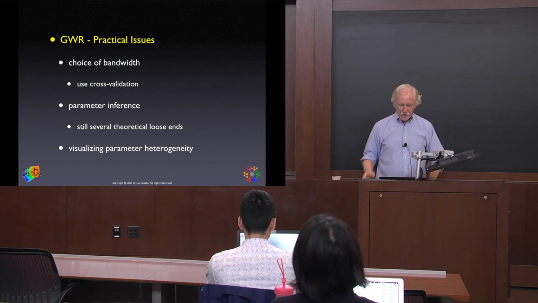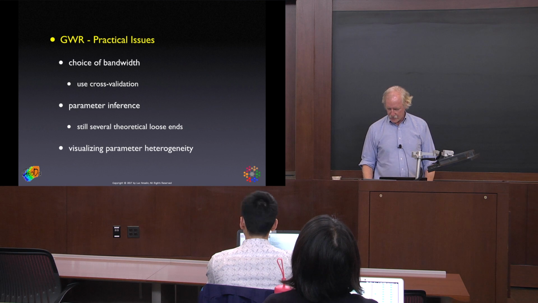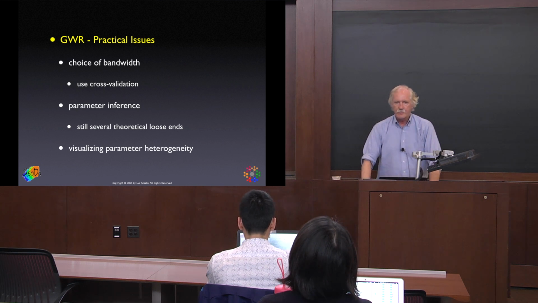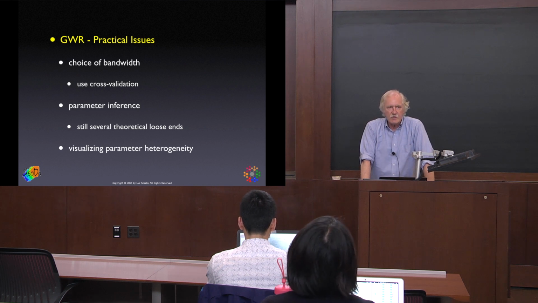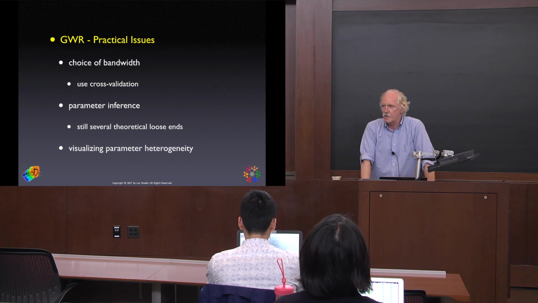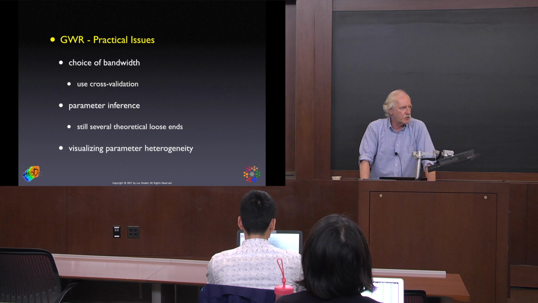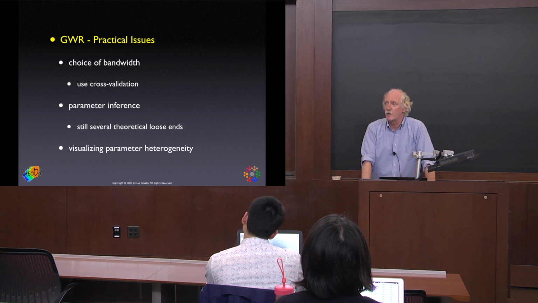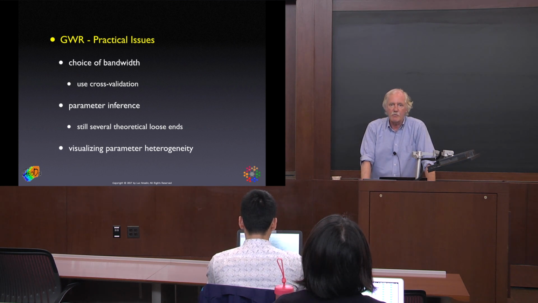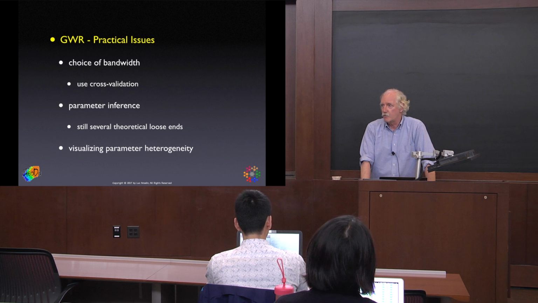So then, to carry out GWR, I think it's an excellent exploratory tool, because it gives you a sense of what is going on in the data in terms of how strong, or how unrealistic, this assumption of constant coefficients might be. There are, however, some issues. One is the choice of the bandwidth. That's the same thing you always run into.